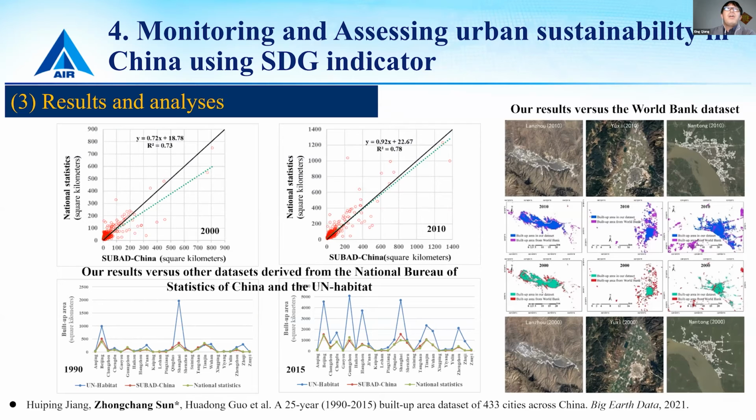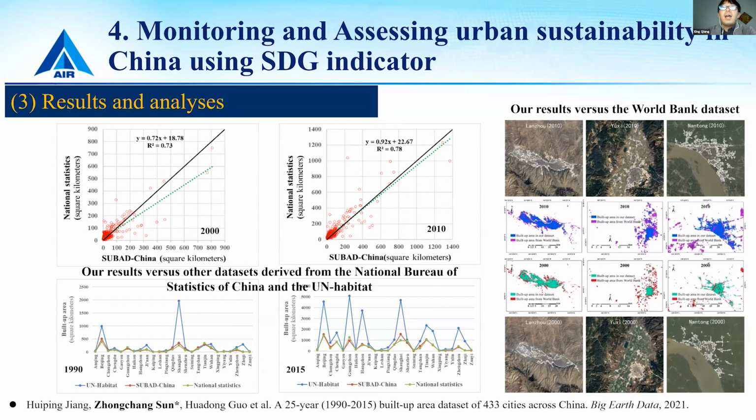We compare our results with other data sets derived from the National Bureau of Statistics of China and also UN Habitat. We can see our remote sensing data is basically consistent with the national statistics, and they are also close.